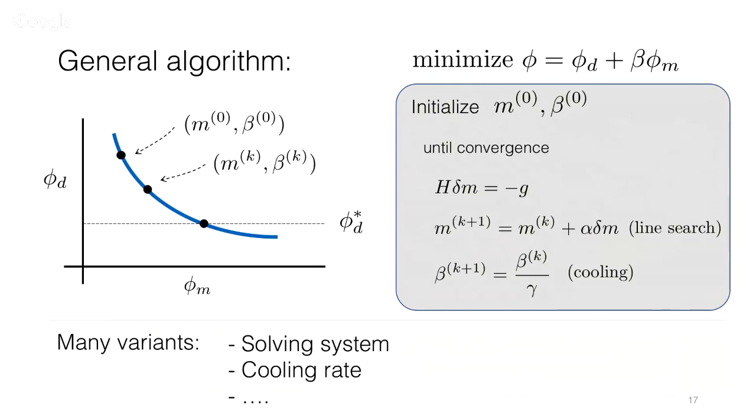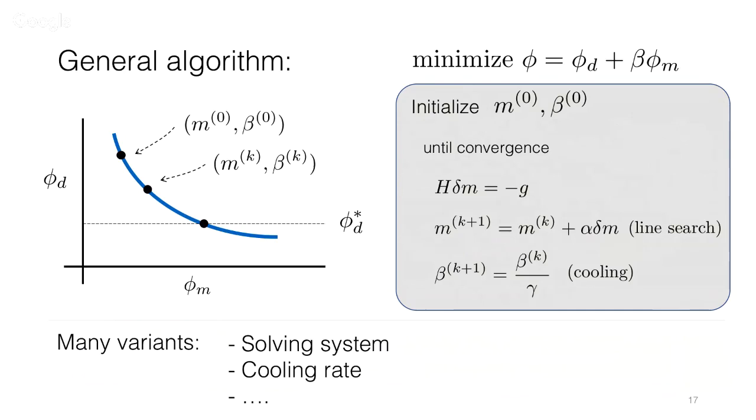And then the next thing is, let's change beta. We'll start with that model, we'll change beta, and now let's see along here. So you can imagine successively doing that as you're going along. That's essentially what we're going to do. We're going to set up our Gauss-Newton equation, H delta m equals minus g, solve that and update.